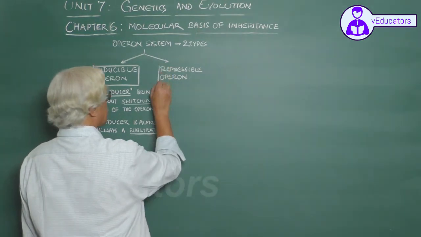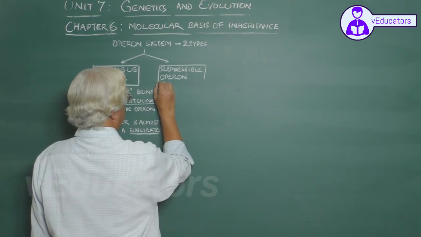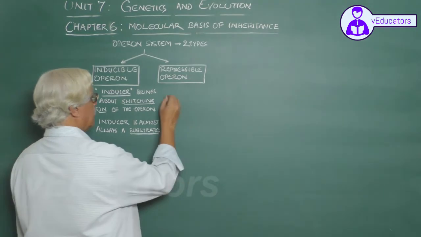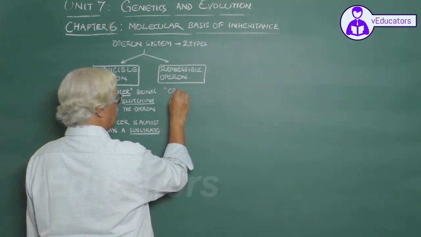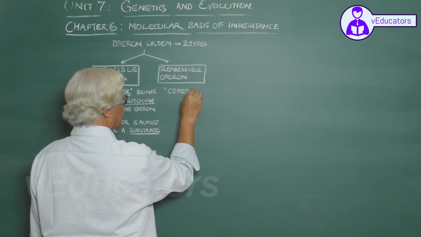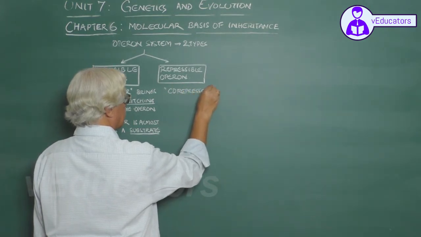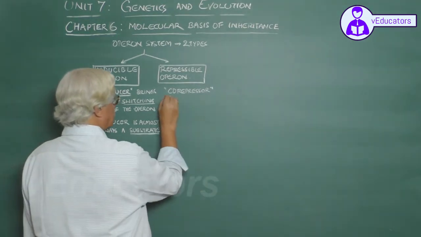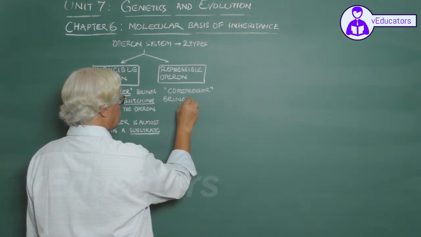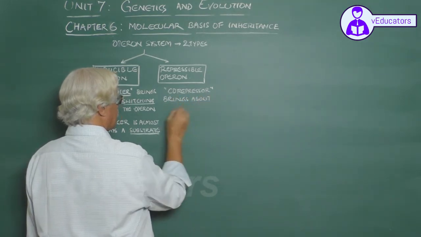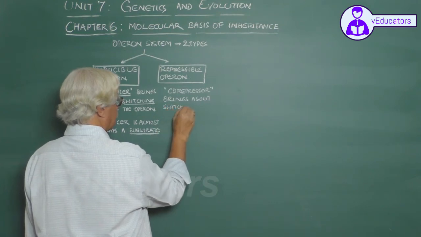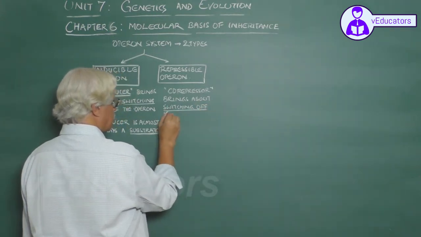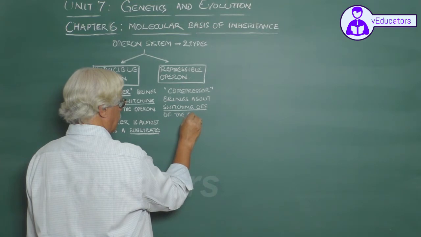On the other hand, a repressible operon is one where a chemical substance called co-repressor brings about switching off of the operon.